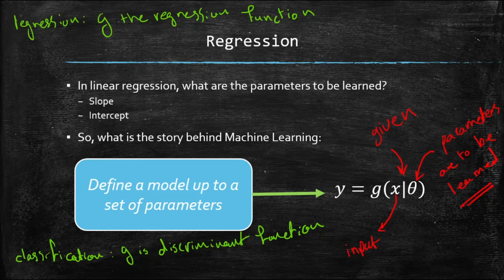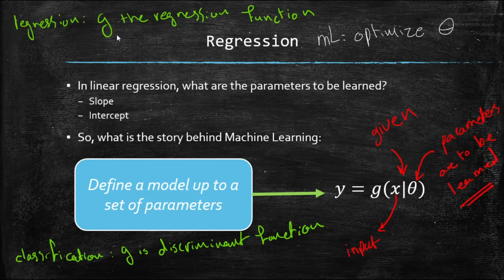Right. So as I said, the whole story behind machine learning, or ML, is to optimize the parameters, the theta, and when we optimize, that means we come up with the best approximation of the truth.